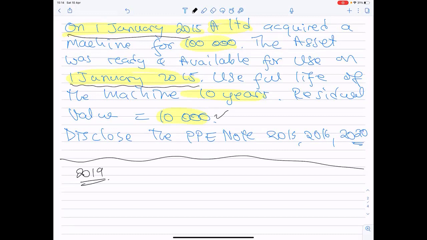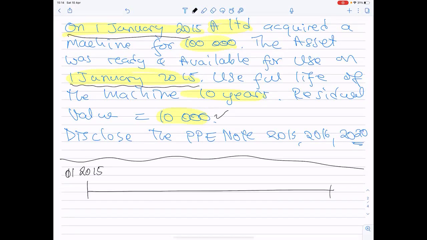So what we do now is we can draw our timeline. Our asset was bought on 1 January 2015. We are in the year 2020. So the asset was there until 31 December.